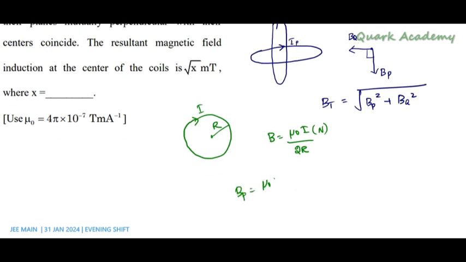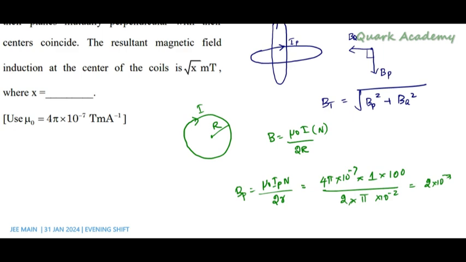BP is going to be mu naught IP N divided by 2R. Mu naught is 4 pi into 10 power negative 7, IP is 1, and N is 100. Here 2R is pi into 10 power negative 2. So if you cancel, you will get 2 into 10 power negative 3 Tesla. The unit of magnetic field is Tesla.